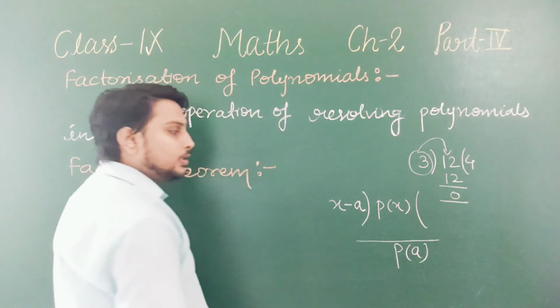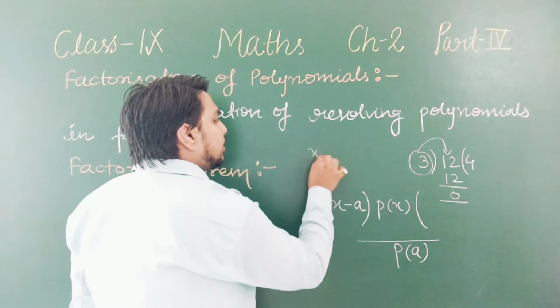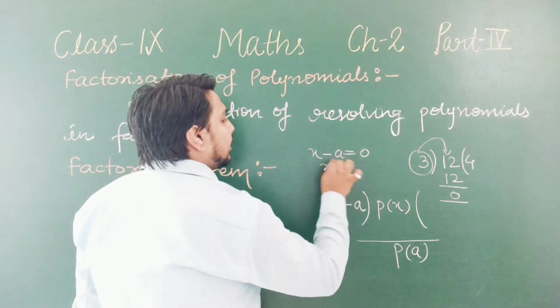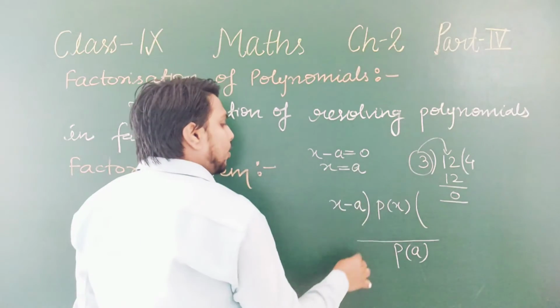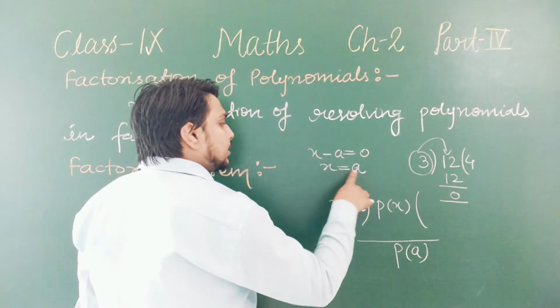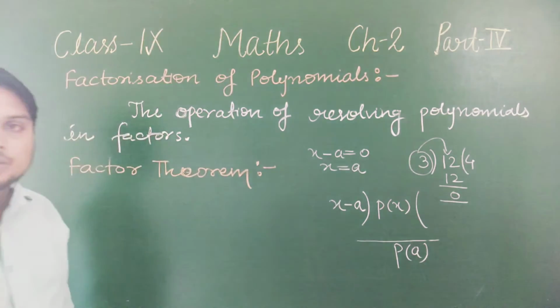This we have studied in the last class. How did the remainder come p(a)? When we make this divisor equal to 0, the value of x we get is a. Now in the polynomial we put the value of x, that is a, and in that manner you get the remainder.